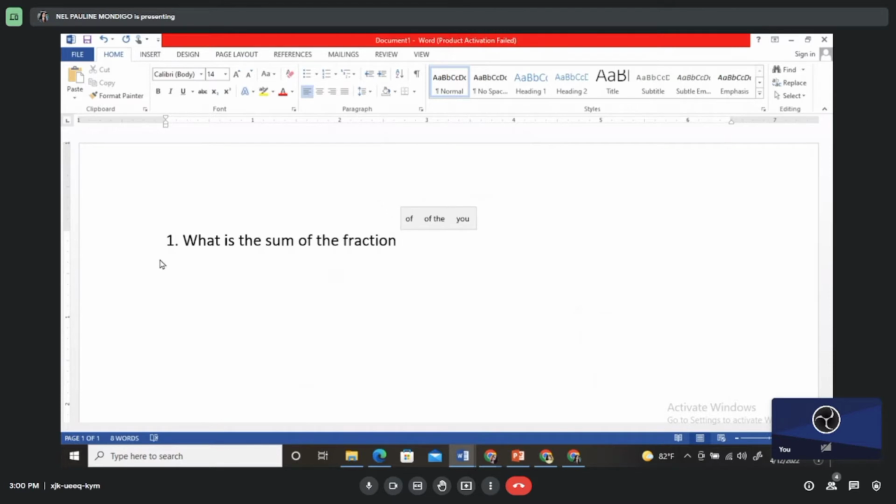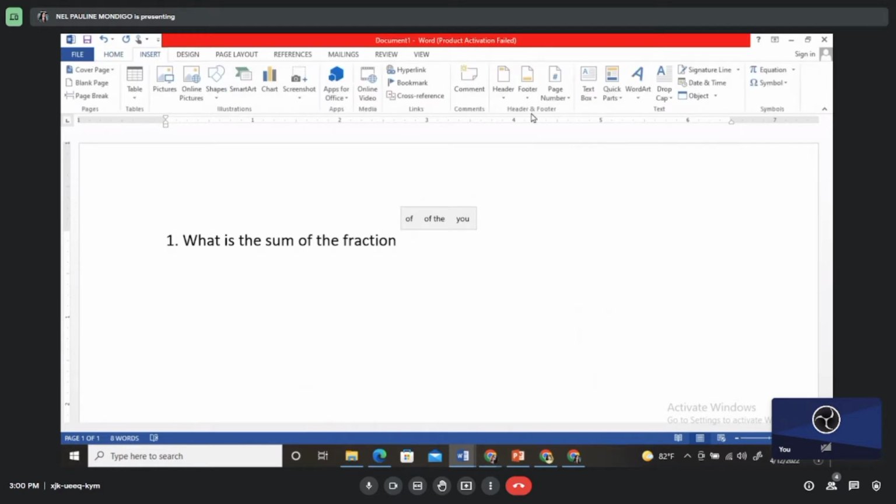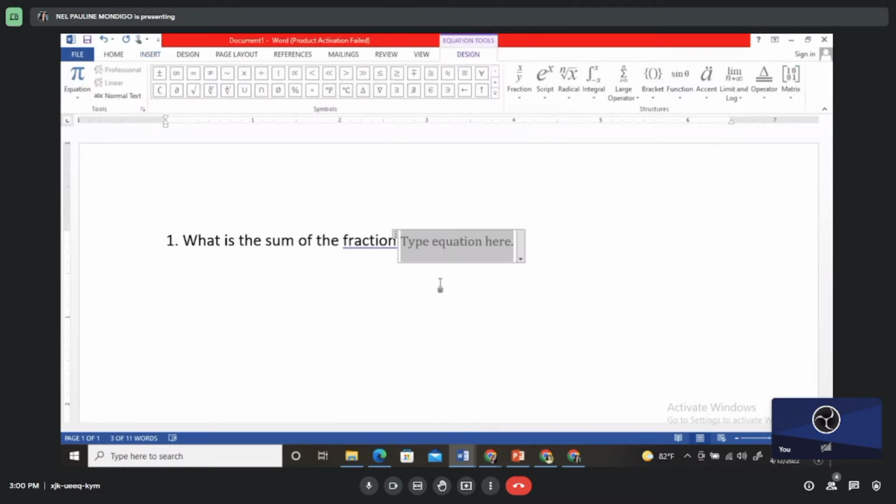So here's the hint, guys. Instead of always going to the Insert button and the Equation button, we'll just press Alt plus equals. So let's try it. Alt plus equals. Okay, so that is the result.